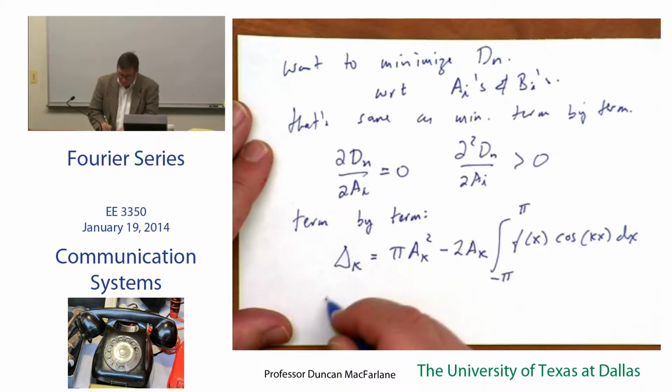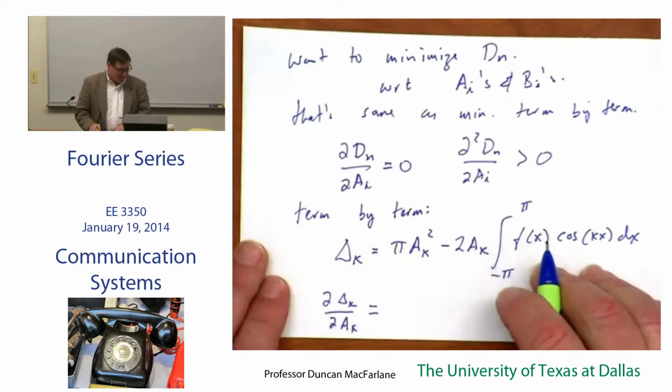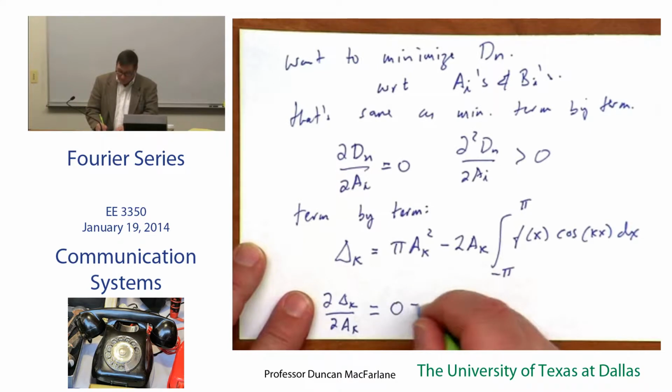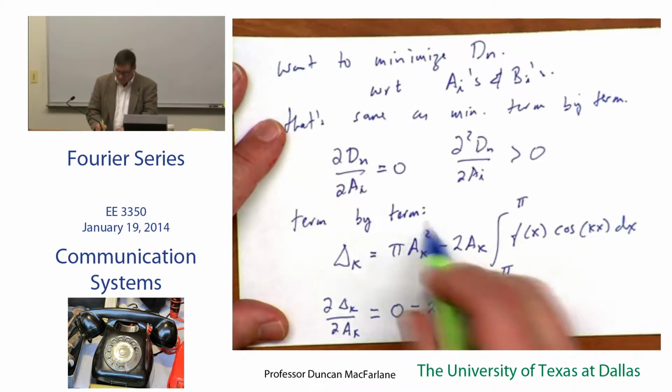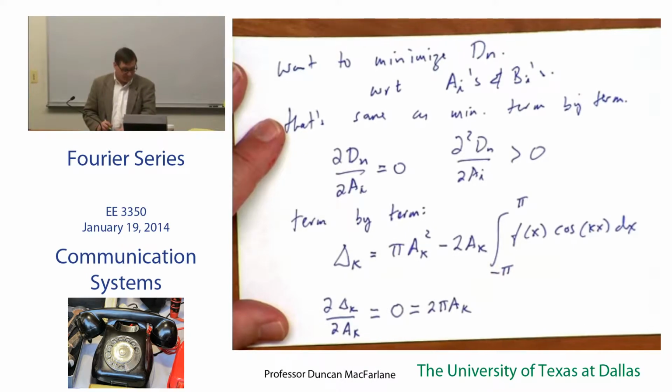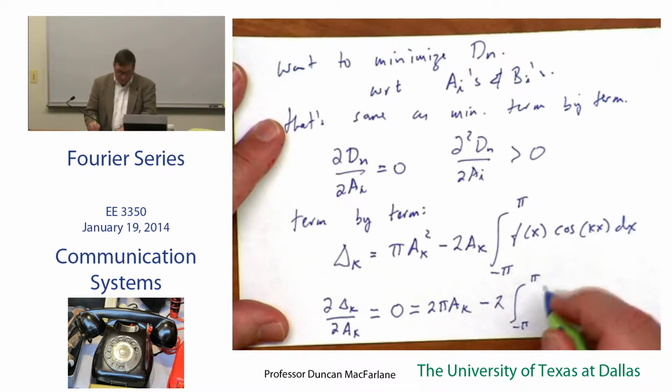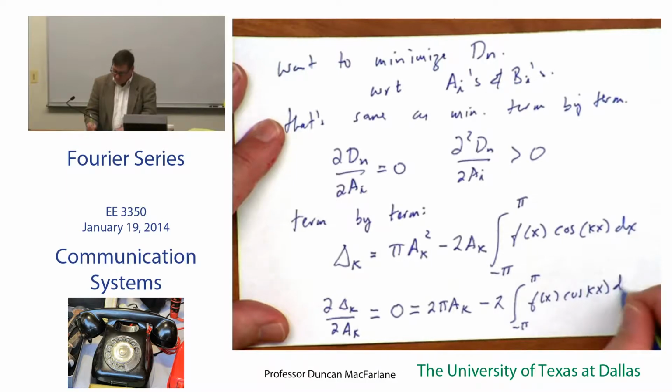So term by term means that I take the derivative of delta sub k, and that's got to equal 0 to minimize. And that's going to equal 2 pi a sub k. Notice I bring down the 2 there. And then this is just linear. So that's going to be a minus 2 times the integral from minus pi to pi of f of x cosine of kx dx.